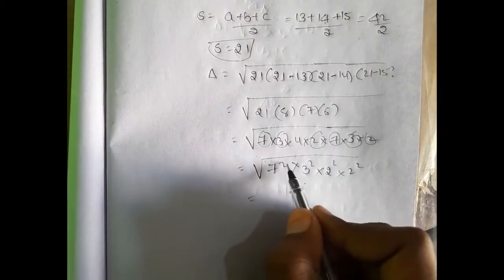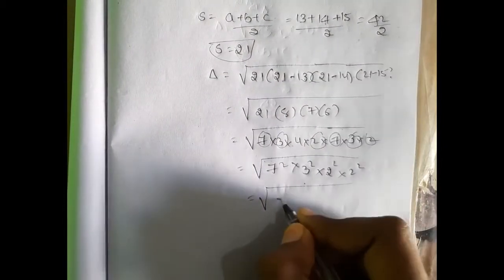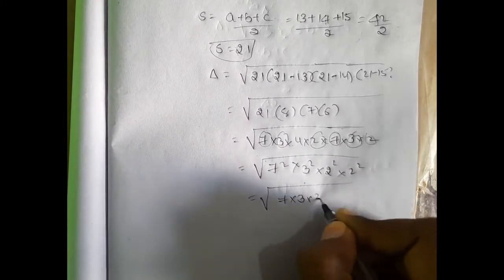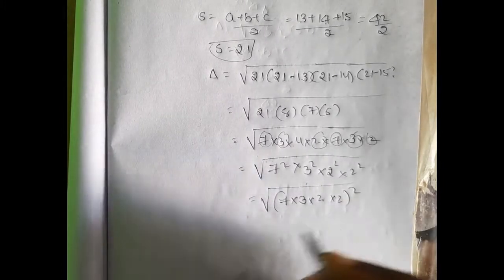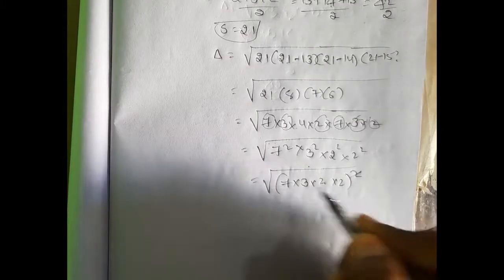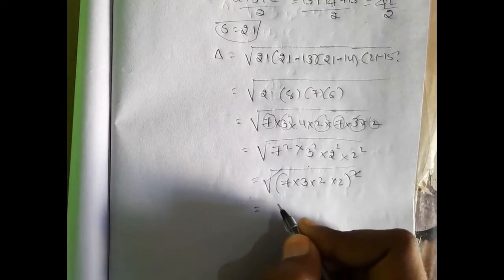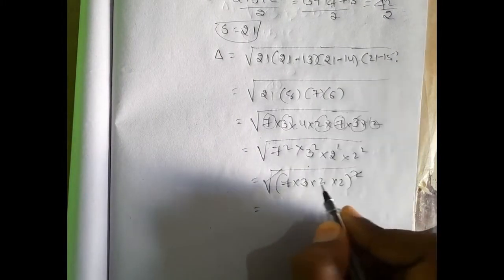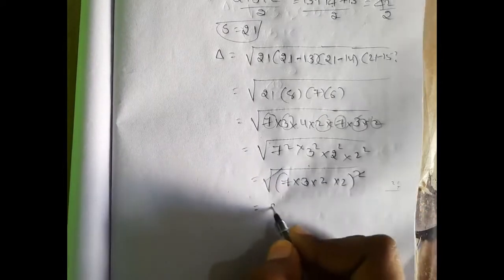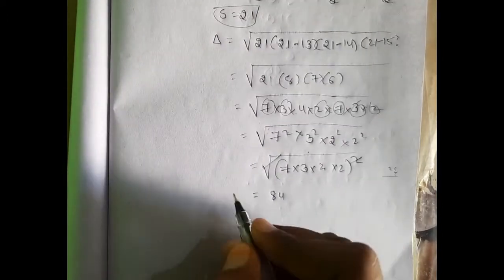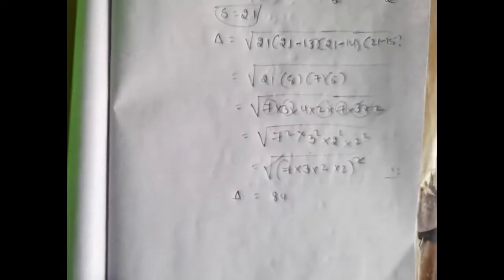Now we can cancel the square and root, so it is 7 into 3 into 2 into 2 whole square. Now 7 into 3 is 21, 21 into 4 is 84. So delta is 84.